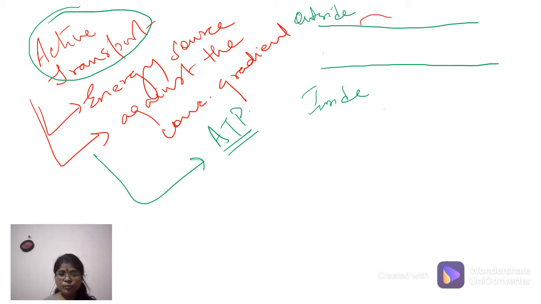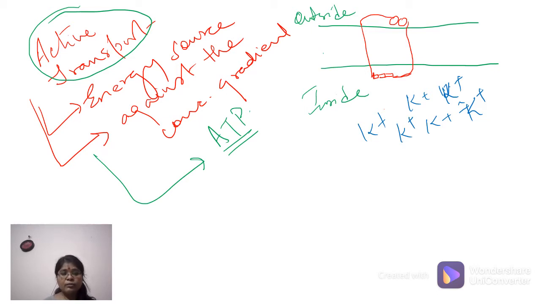Suppose this is your pump, and it has two regions to bind with potassium, and three regions to bind with sodium. You know that the potassium, K plus, inside the cell is more, and outside is your sodium.